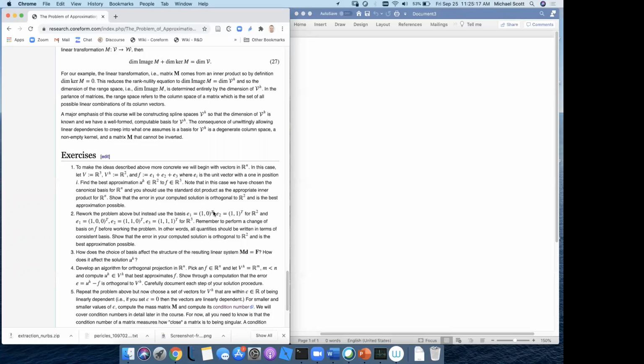The integral is really something that only corresponds to infinite dimensional spaces, because conceptually the integral is really nothing more than an infinite sum. And so in Rn, since n is less than infinity, you don't need the integral.